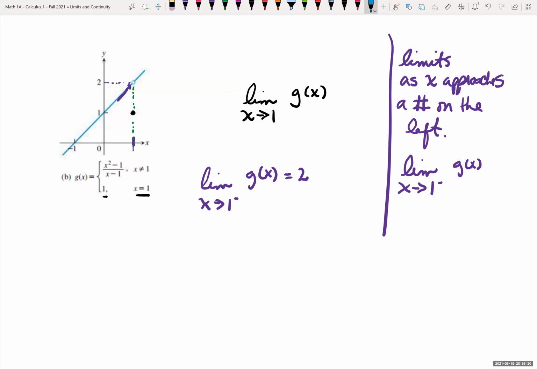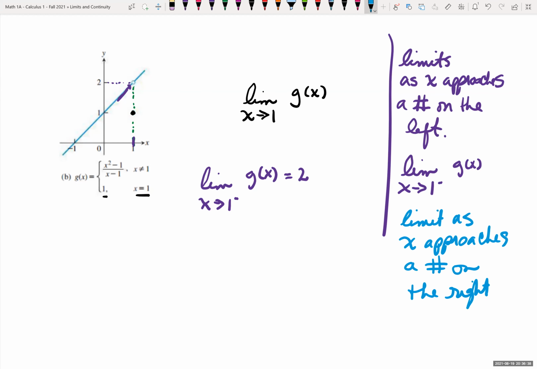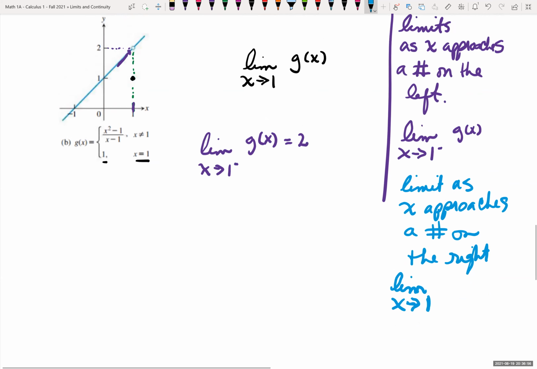Now if I'm looking at the limit as x approaches a number on the right, how we're going to write this out is again lim for limit, an x with an arrow, and then we're coming in on the right hand side. So instead of the exponent looking symbol being a negative, it's going to be a positive.